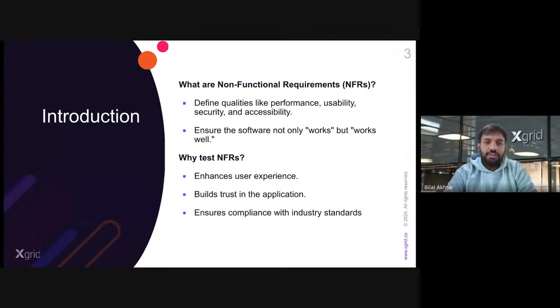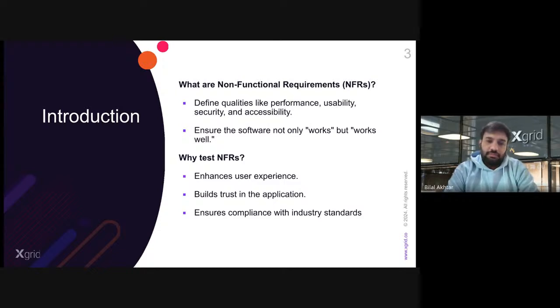From the introduction side, we have two types of testing, basically functional and non-functional. As the topic suggests, testing beyond functional requirements, we are going to discuss non-functional requirements: qualities like system performance, how the system behaves under different circumstances, usability, security, and accessibility. It ensures not only how the system works, but how well it works.